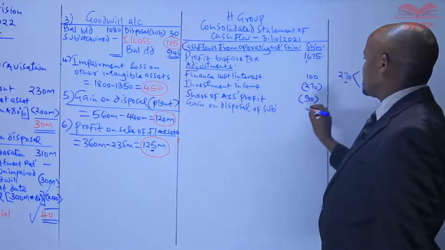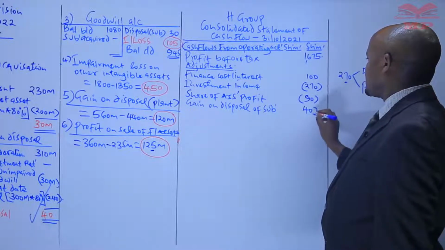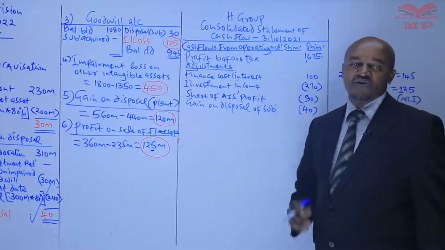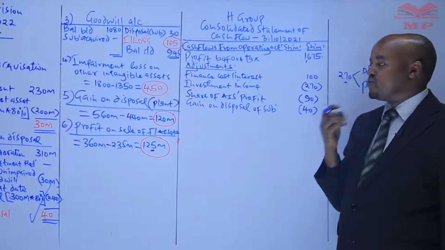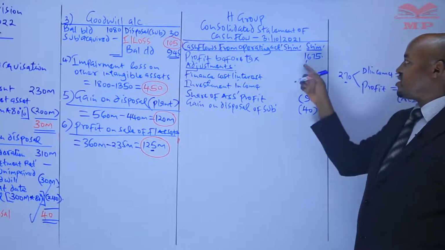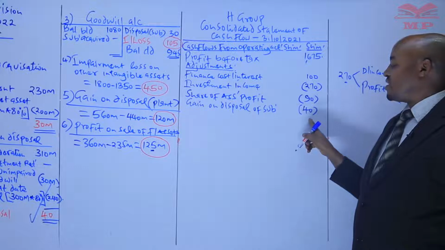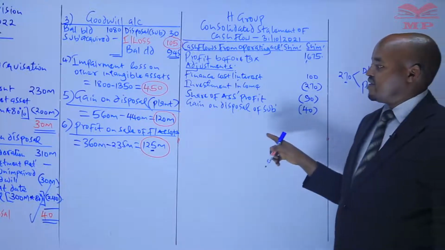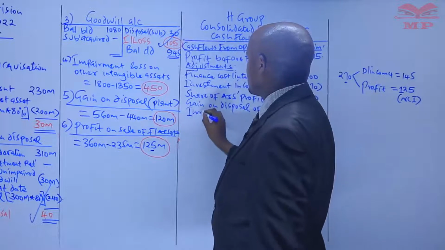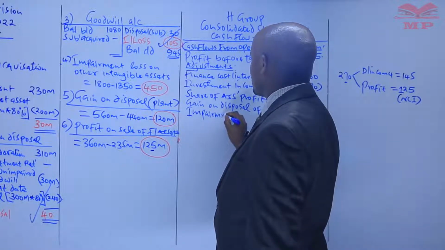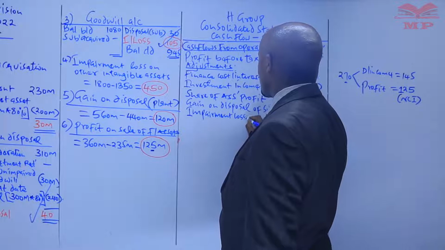How much is that? It is 40, and basically we say that this gain is also a non-cash item. So what we need to do is to less it, because it has already been added there. And it's a non-cash item, so we less it. So what else do we have? We also have this impairment loss on goodwill.